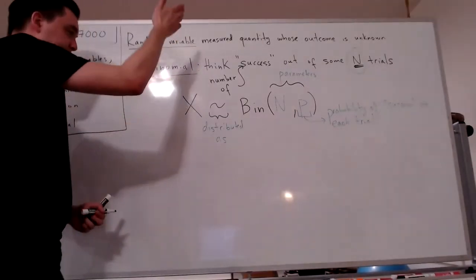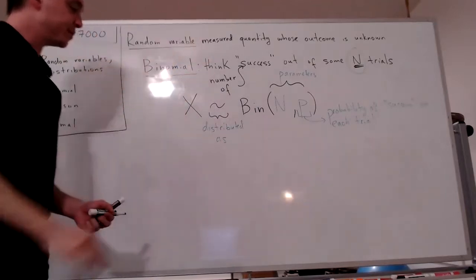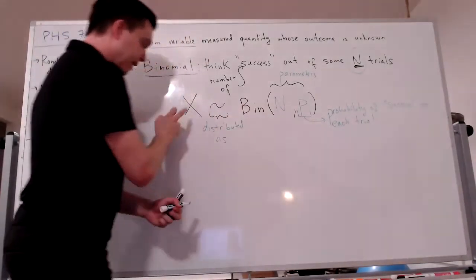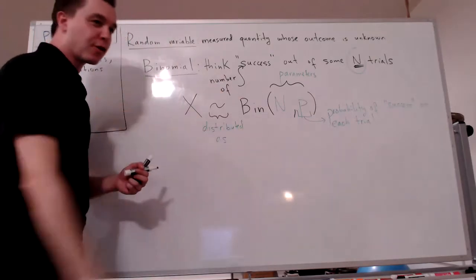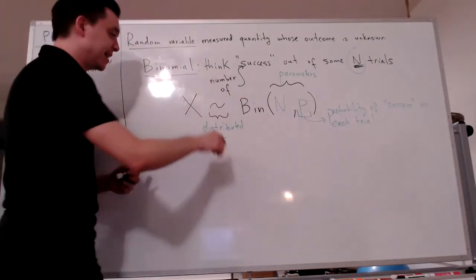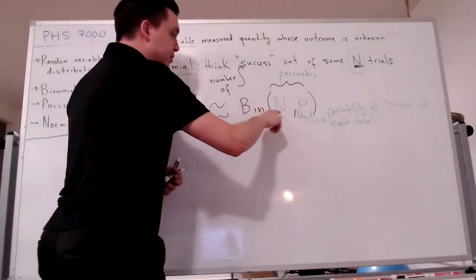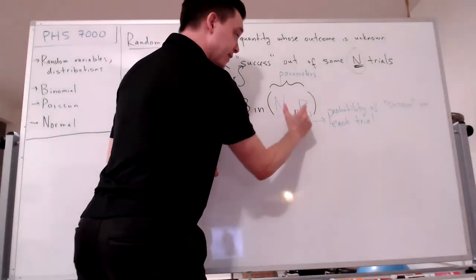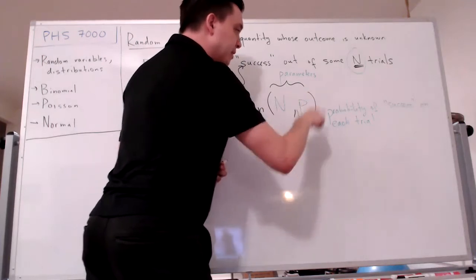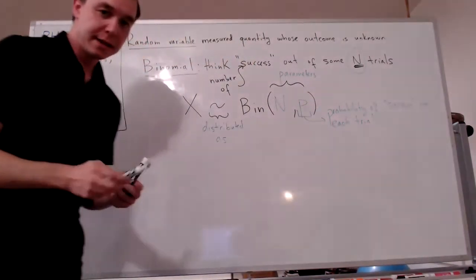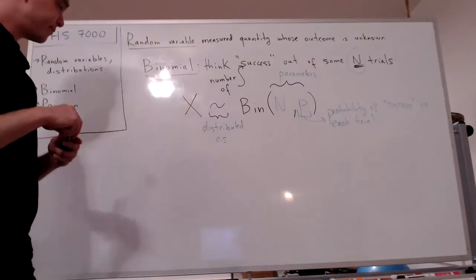So when we say a variable has a binomial distribution, we can write it just like this. Our variable X, or capital Y, or capital Z, has a binomial distribution. And here are the two parameters: the total number of trials and the probability of success on each trial.